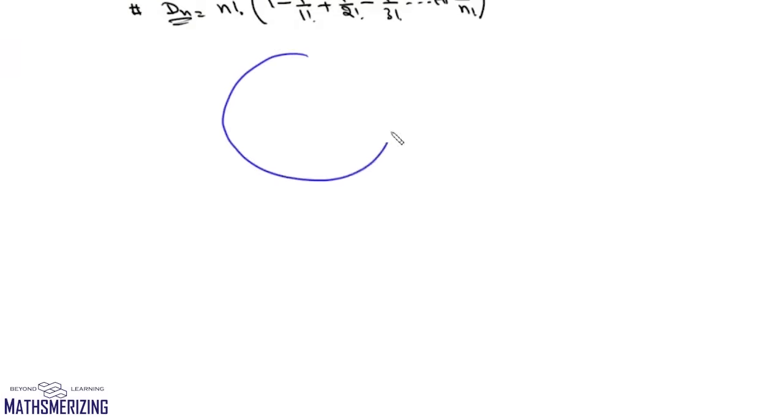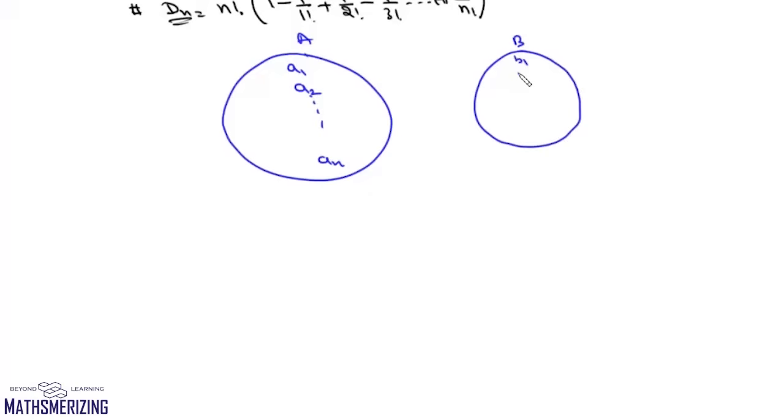Suppose we have the set A containing n elements, and the set B containing m elements, and we need to find the number of strictly increasing functions defined from A to B. The question will say f is defined from A to B, and we need to find the number of functions such that f(x) is less than f(y) if x is less than y, or they'll say this function is strictly increasing.